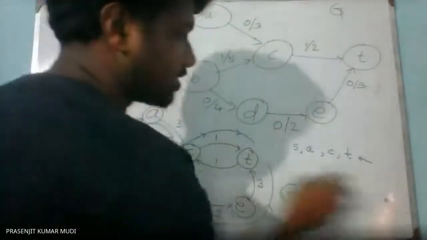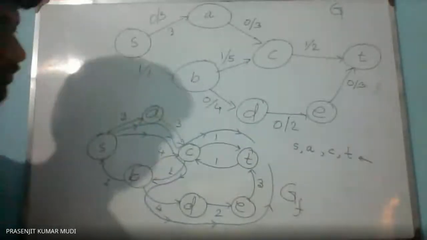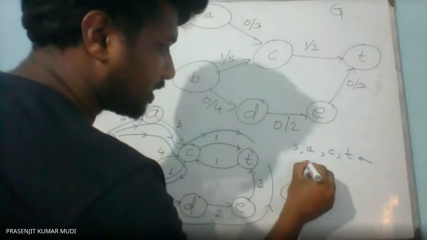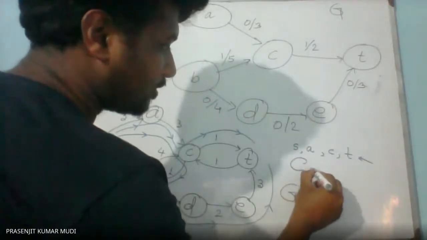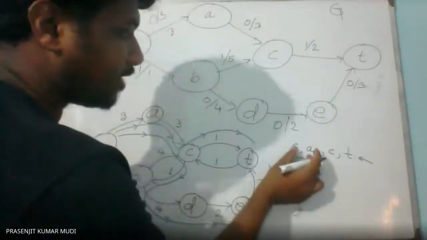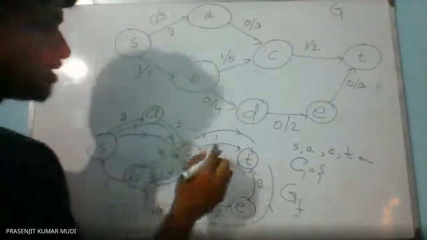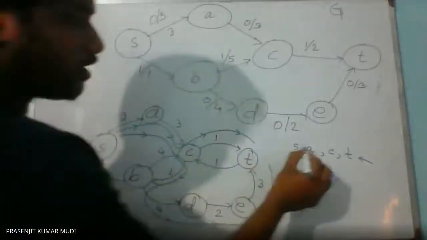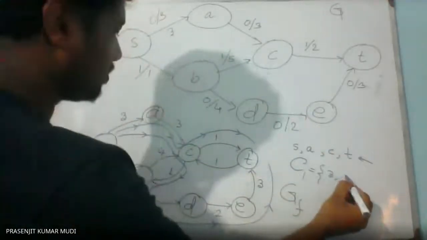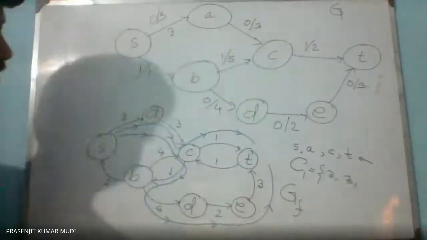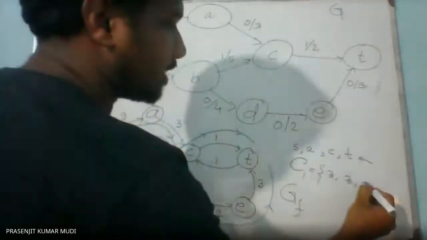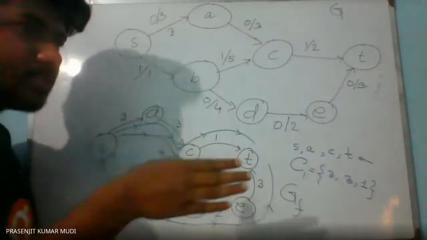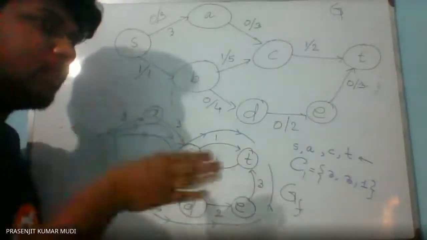So the set of capacities, let's say capital C1: the capacity of the first edge, that is C of S comma A, is 3. Then the capacity of edge A to C is also 3. And then the capacity of edge C to T is 1. So this is the set of capacities along that path.